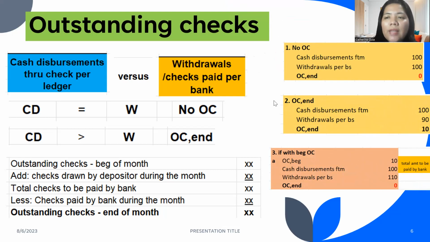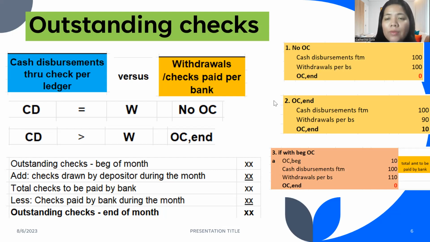The outstanding check ending 10 pesos becomes the outstanding check beginning 10 pesos, and the cash disbursements for the month, or the checks drawn by the depositor during the month, is 100 pesos. That will be the total amount to be paid by bank. The 10 pesos and the 100 pesos, that will be 110.